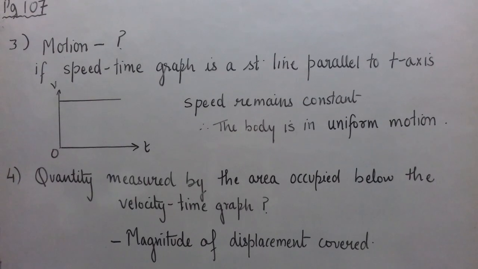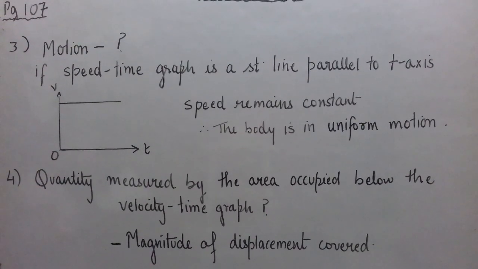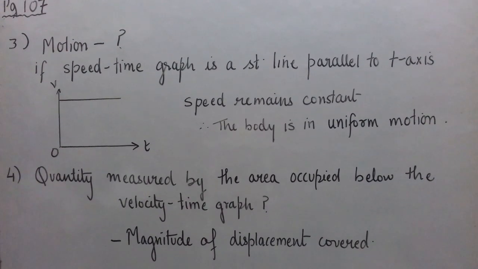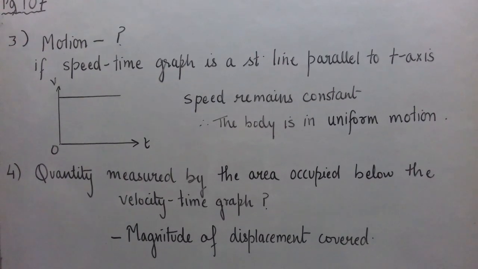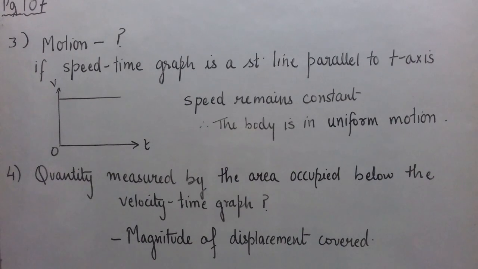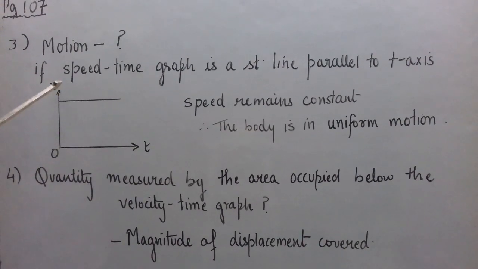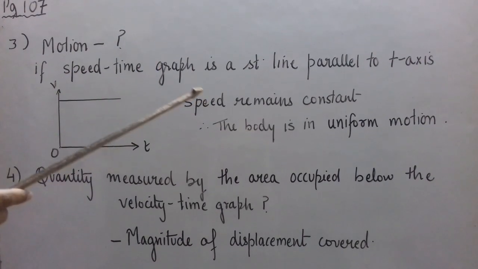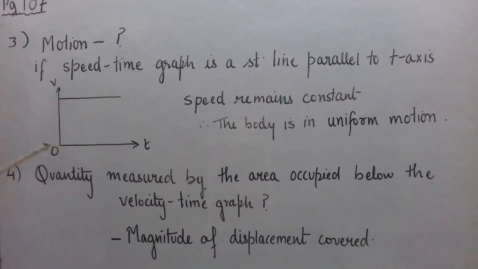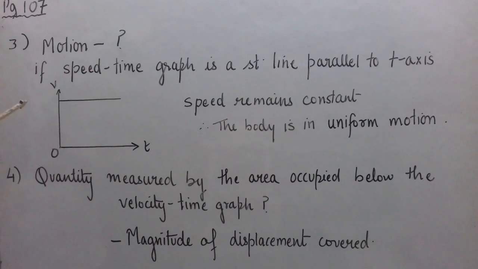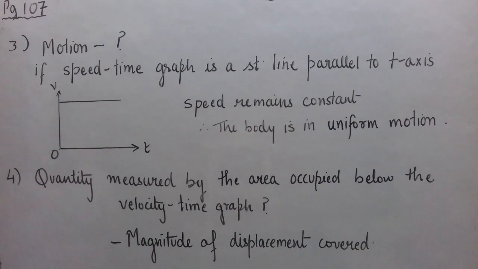Now the third question is, what can you say about the motion of an object if its speed time graph is a straight line parallel to the time axis? Let us imagine or draw the graph here. This is speed, time, and a straight line parallel to the time axis is this. So if the graph is this way, what will you say about the motion?